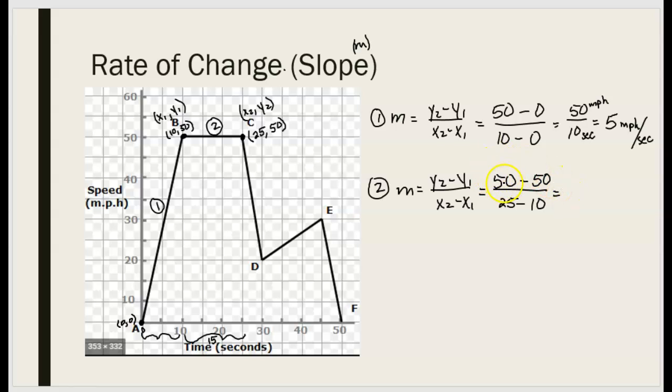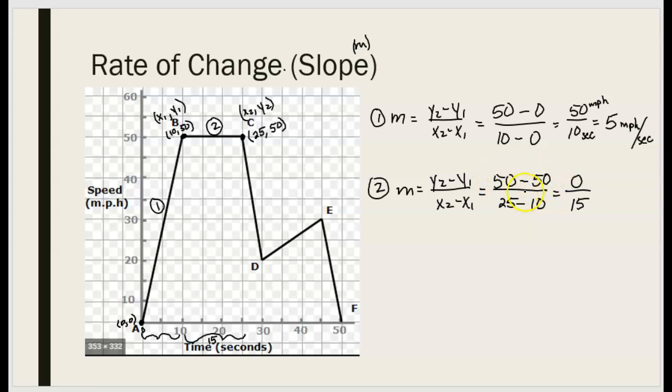Okay, now 50 minus 50, you guys have known how to do that for a long time. 50 minus 50 is 0, all right? 25 minus 10, of course, is 15. And you're going to see that down here, we already talked about a lapse of time between the 10 and the 25. We said that was a 15-second span of time. Well, that's what this represents. I'm really just getting the difference in the time frame according to the x-axis.